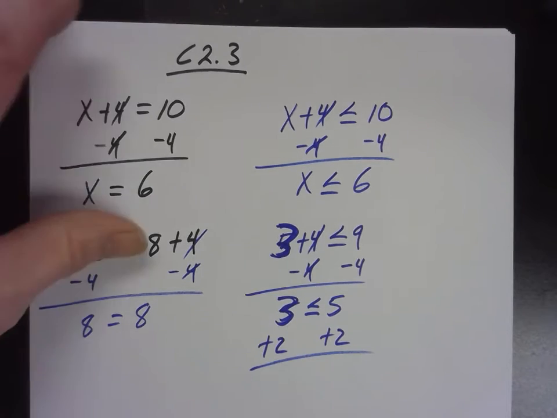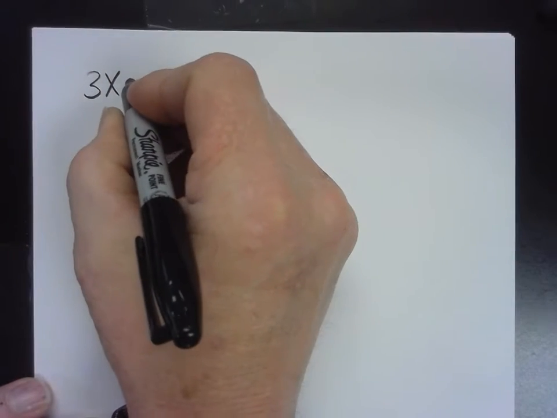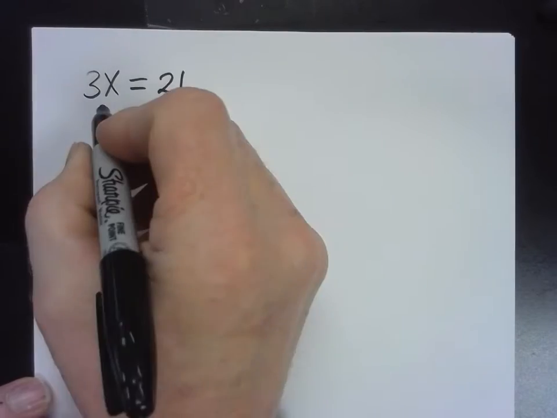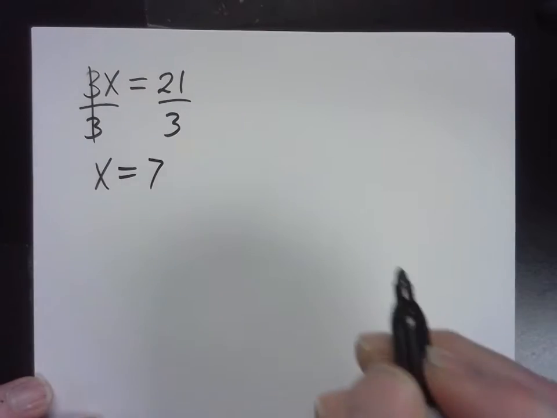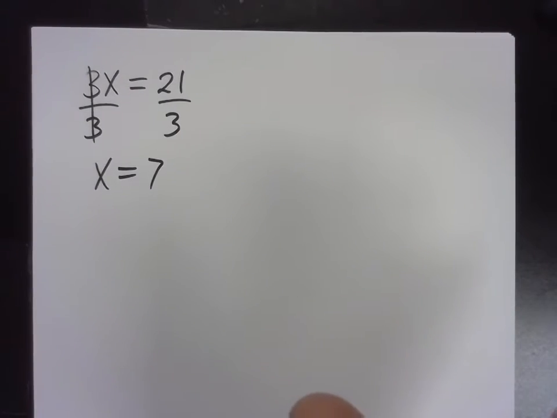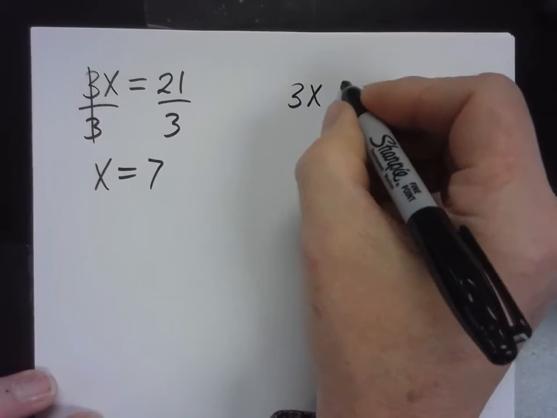Okay? So with the division property and multiplication property, I have 3x is equal to 21. We just divide both sides by 3, x equals 7, it's all good, right? So what about 3x is less than 21?